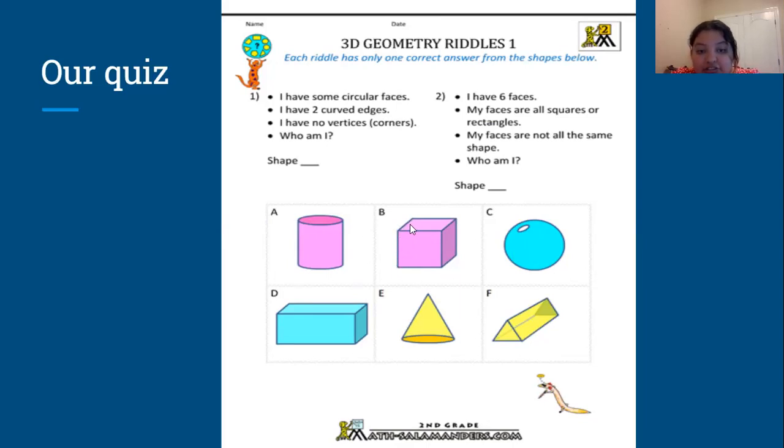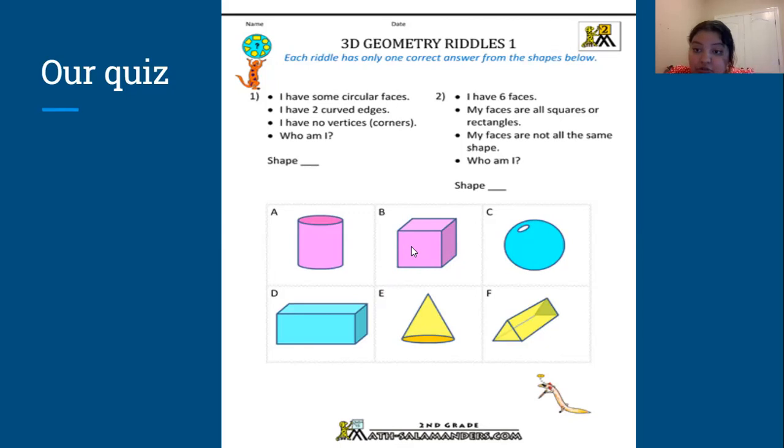Here we have our cube. It has 1, 2, 3, 4 vertices right here, but 5, 6, 7, 8 that are in the back. 8 vertices in total, and it has 1, 2, 3, 4, 5, 6, 7, 8, 9, 10, 11, 12 lines.